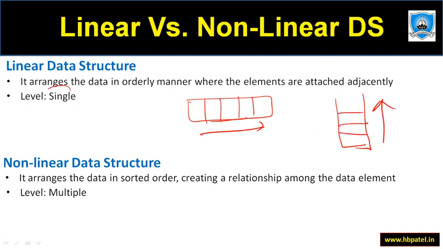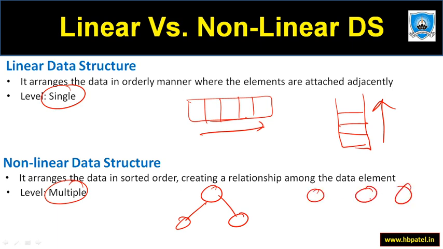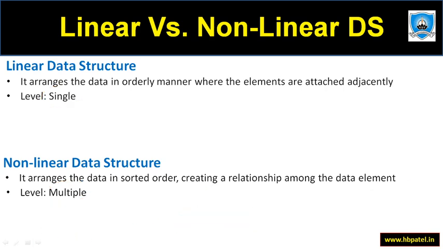So level is single, whereas in case of non-linear, it is multiple. Multiple means from here you can have multiple. In case of graph, you can have 2 or 3 different levels. So from here you can go like this, from here you can go like this. So in case of non-linear data structure, you have multiple levels.